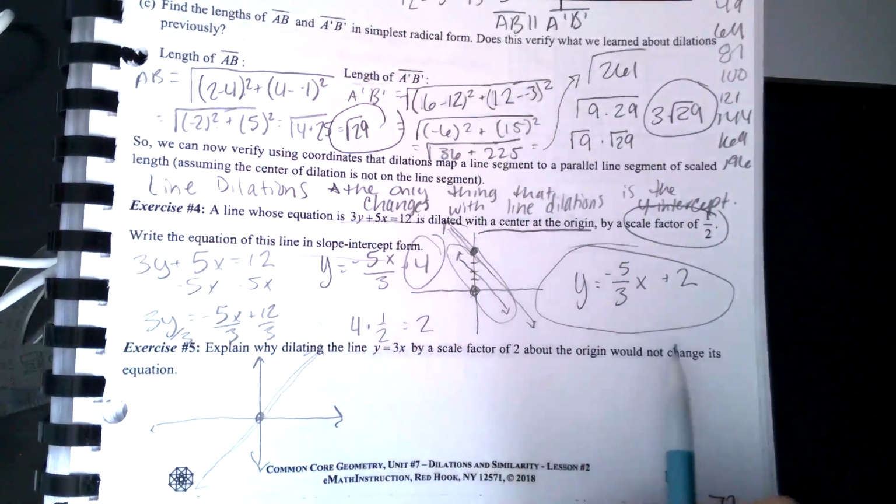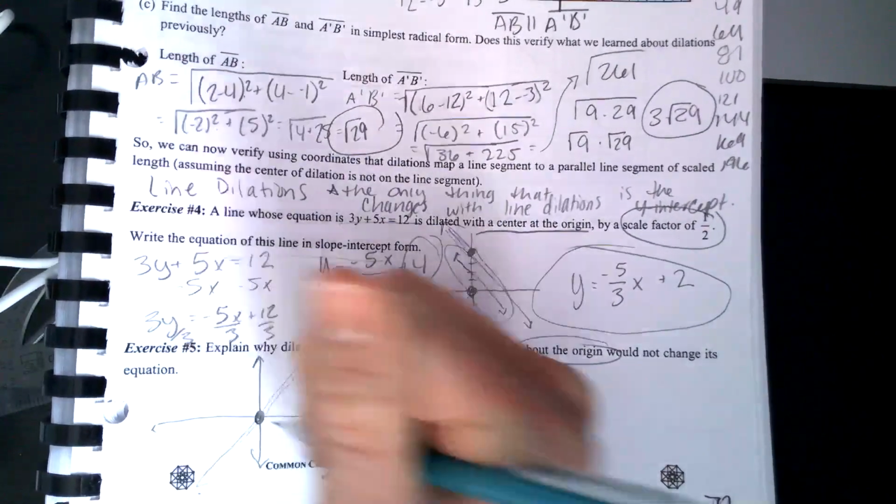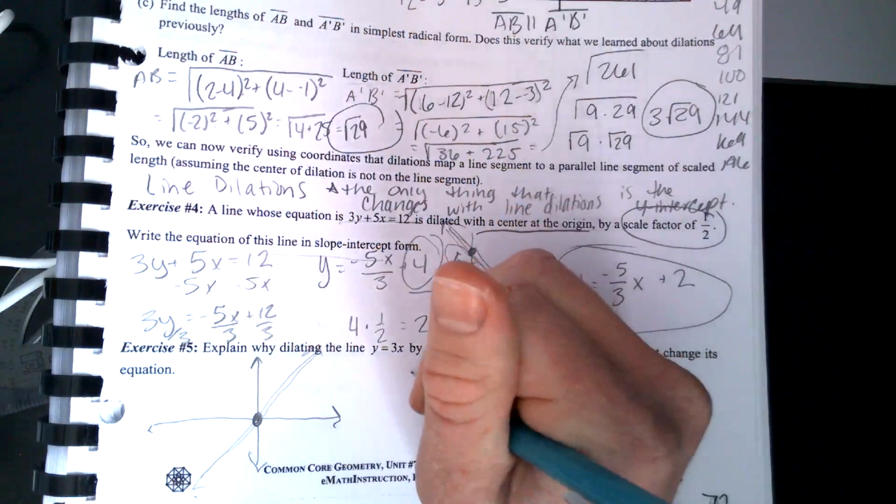Now the center is the origin. Because the origin is on the line being dilated, remember it has no change to the line or the equation of the line.